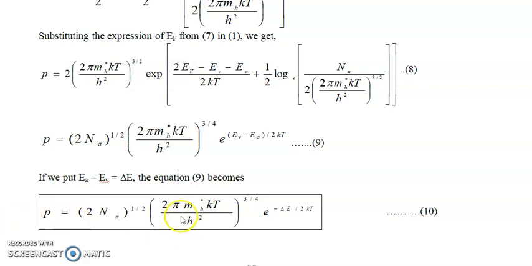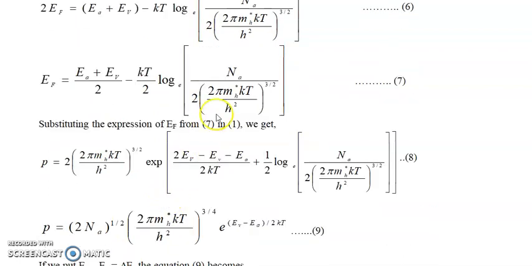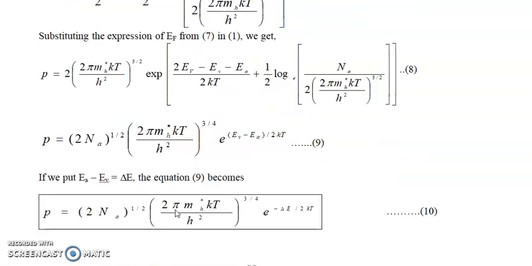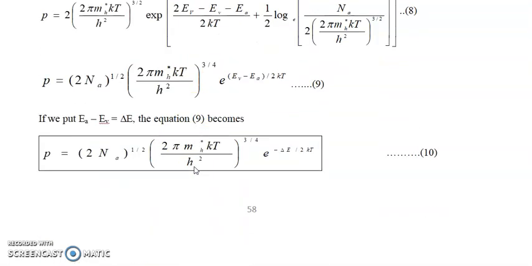This is the carrier concentration in a p-type semiconductor. To simplify the step from 7 to 8, you need written practice, and you can also use the study material, where all the steps are given.